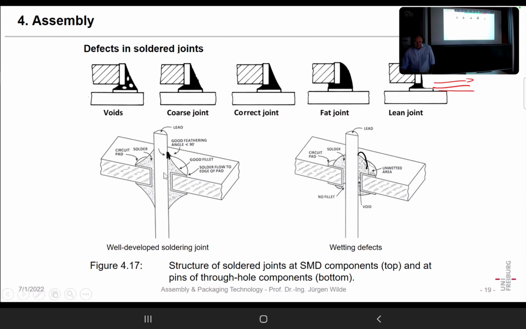Another thing is through-hole technology also requires good joints. That is, for instance, from a handbook of the European Space Agency. The value of a satellite is 100 million euro or more, and you do not want to spoil that just by a bad solder joint.